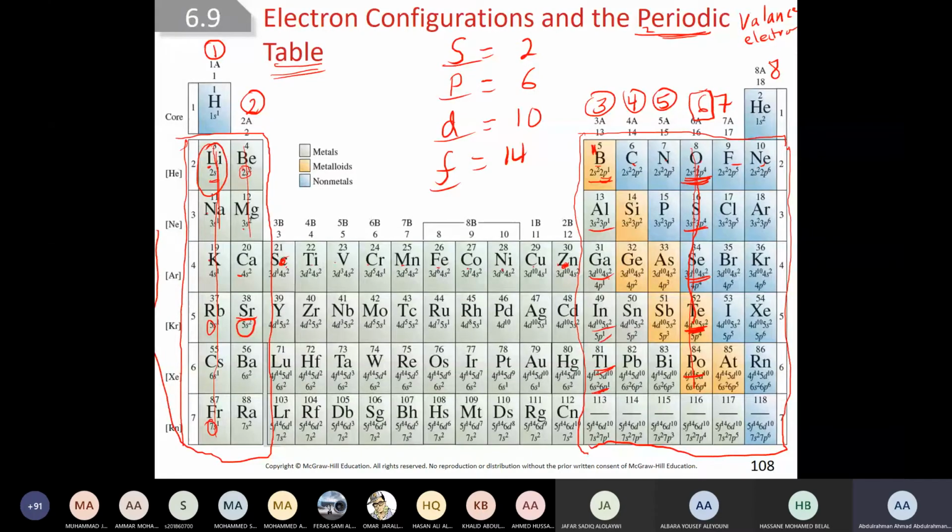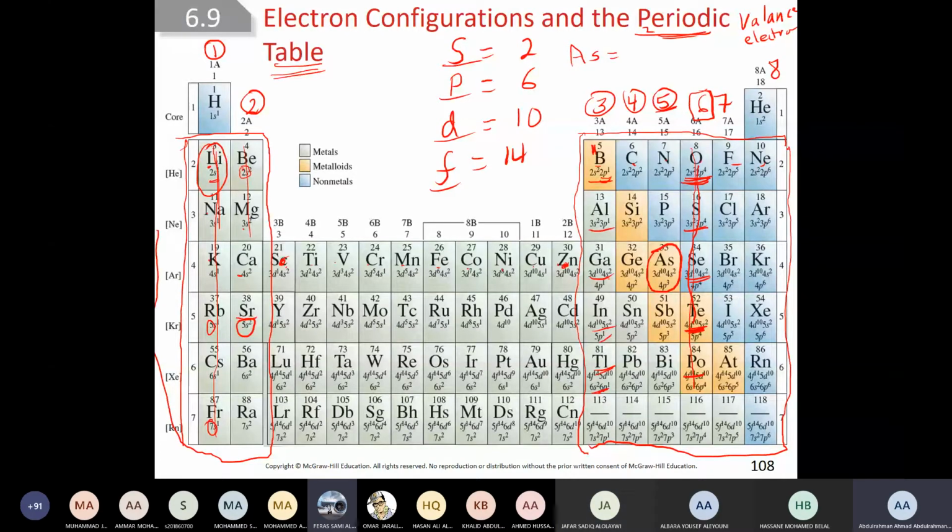As I said, what will be the last orbital of As? How can you tell? First, what's the total valence of As? 5. Very good. And what is the last orbital?